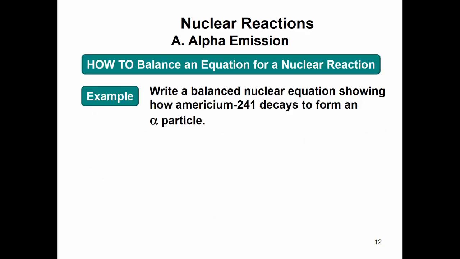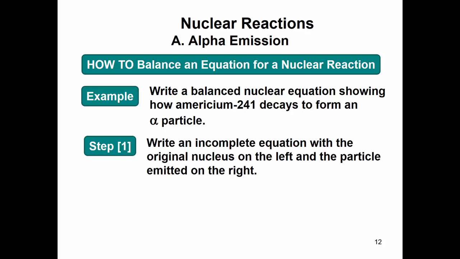Okay, you could be asked these like this. So we want to write a balanced nuclear equation showing how an isotope decays to form an alpha particle. So here's our isotope, okay, and so it says it decays. So that means that it's going to break down.